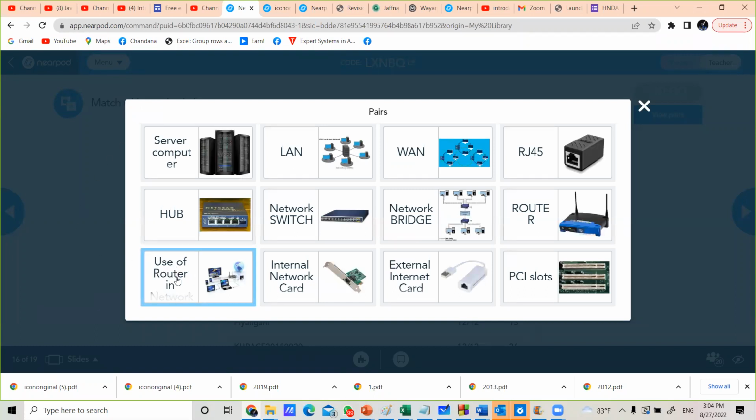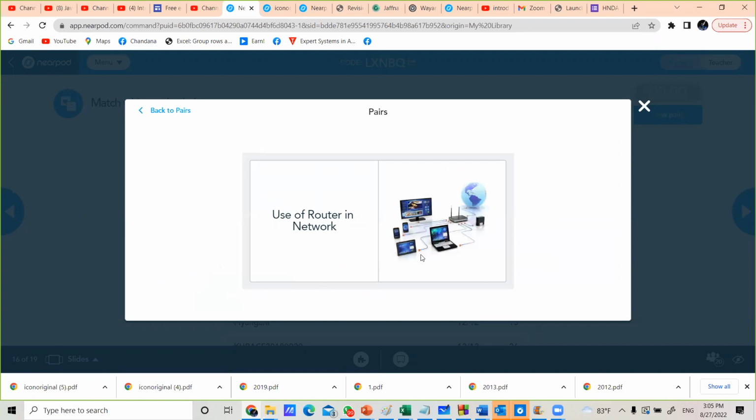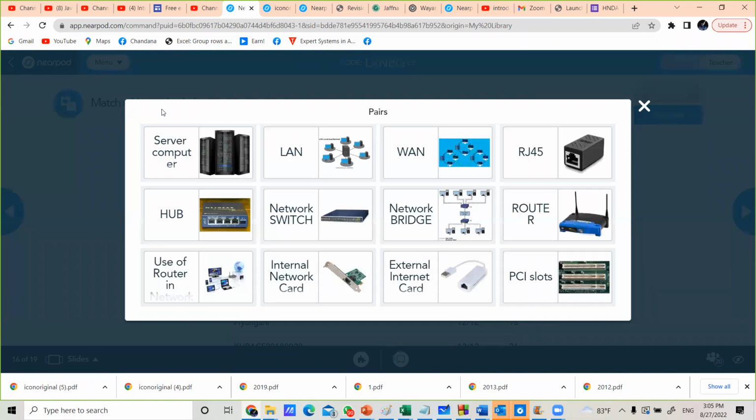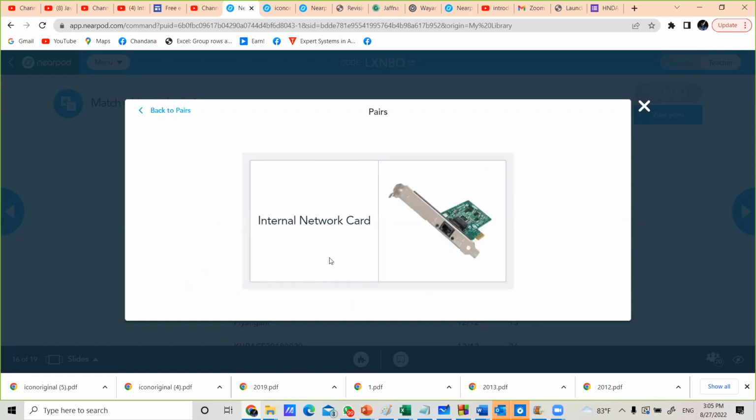Then next one, use of router. The earlier one was just the figure of a router. This one shows how to use it. In the local network, a home network, a small network, you can connect to the internet through the router. Internal network card.